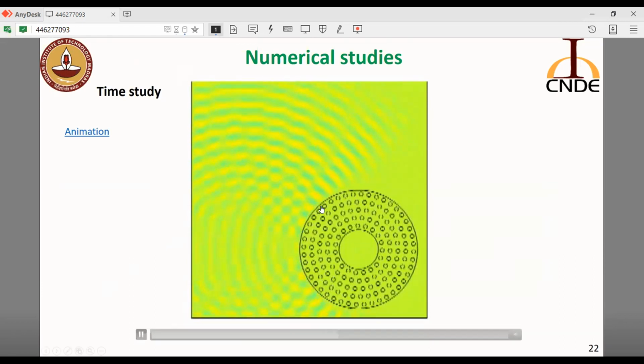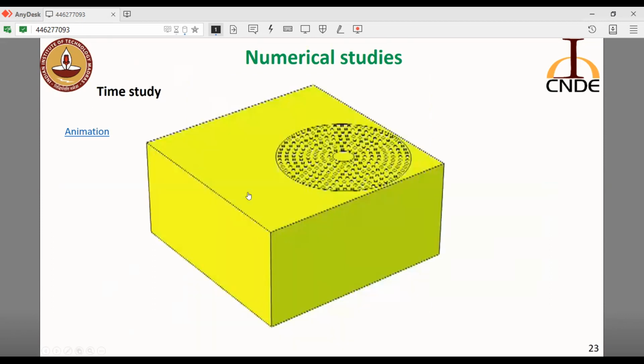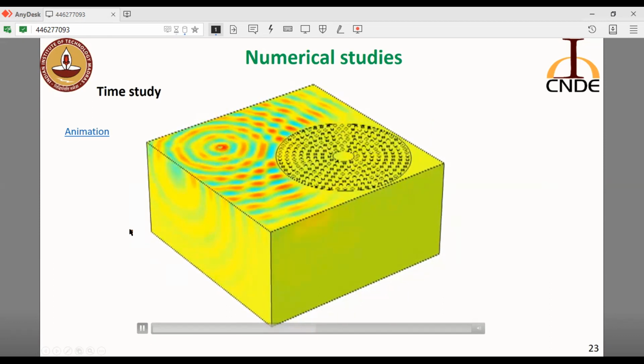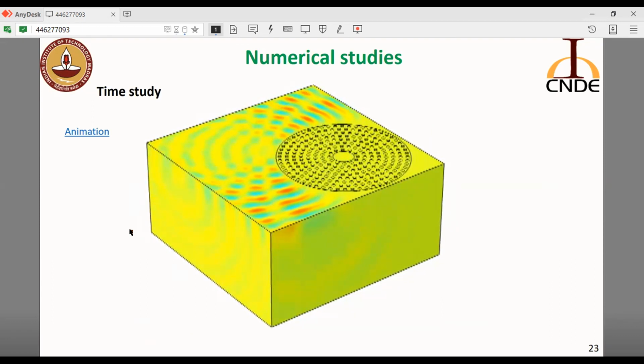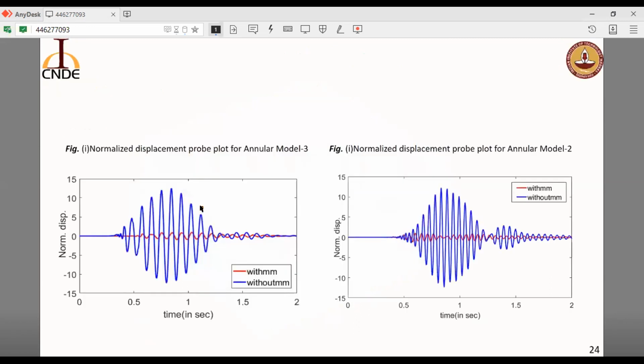Yeah, so we can see that the wave is not passing through our metamaterial, and in all other directions, the wave is going. This is another animation.